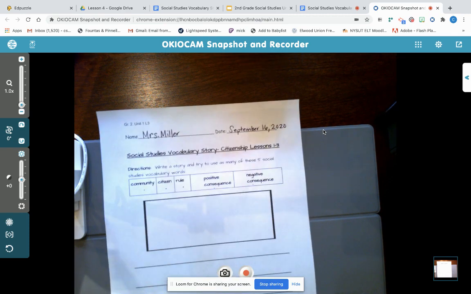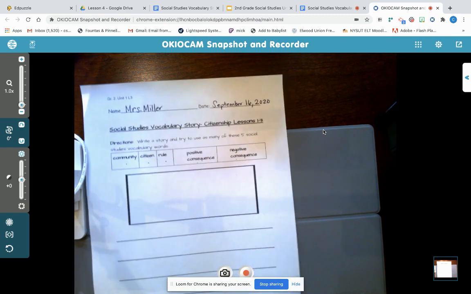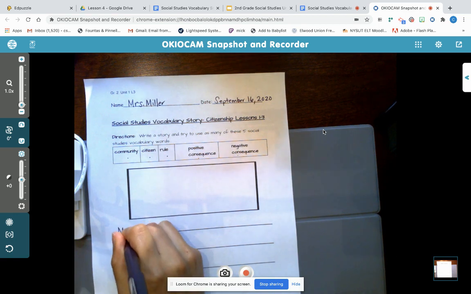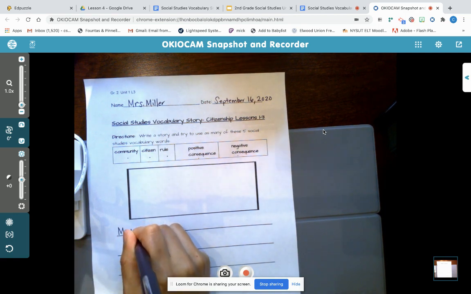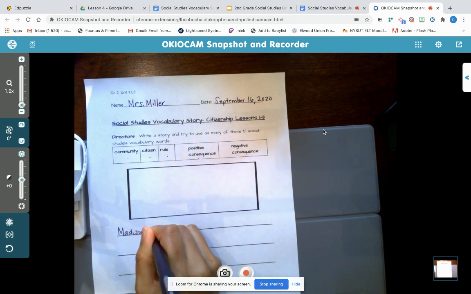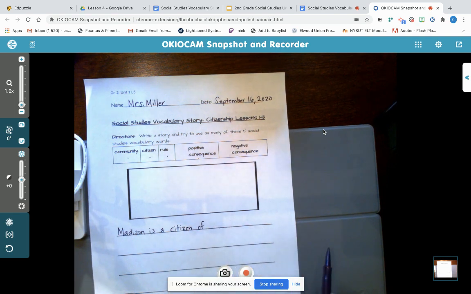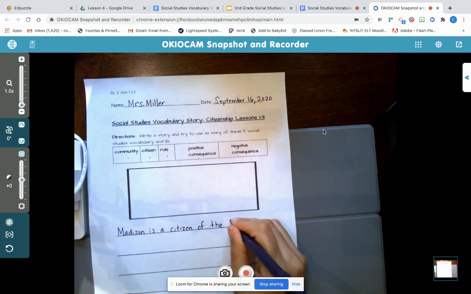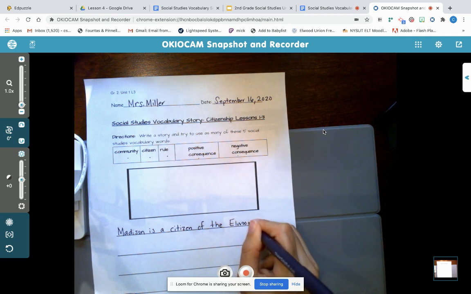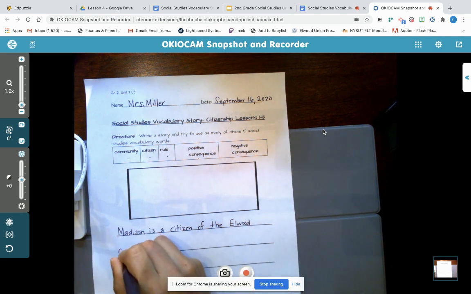And I'll say, Madison is a citizen of the, how about if we say Elwood community? Elwood community. Period.